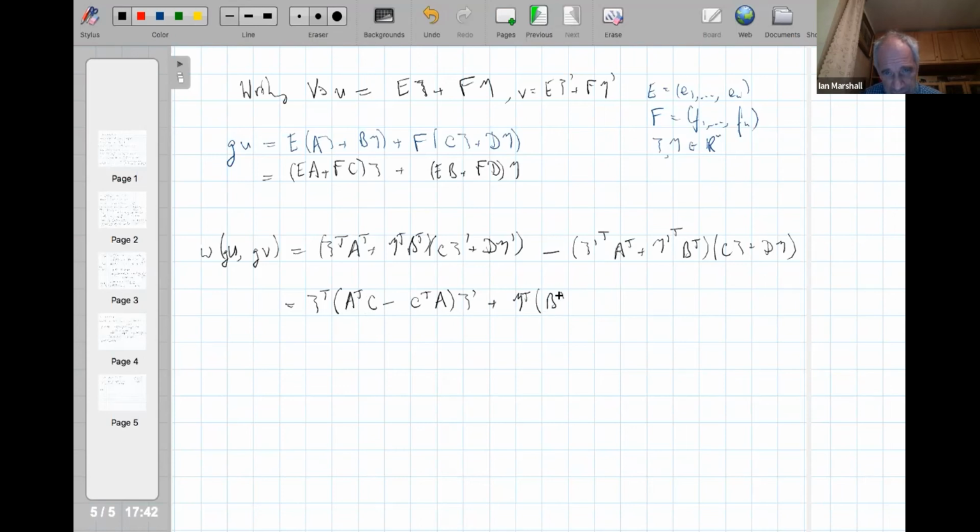So I get B transpose D minus D transpose B eta prime, plus xi transposed with eta prime, so I've got A transpose D minus C transpose B, plus eta transpose xi prime, so B transpose C minus D transpose A. No, not the minus D transpose A.